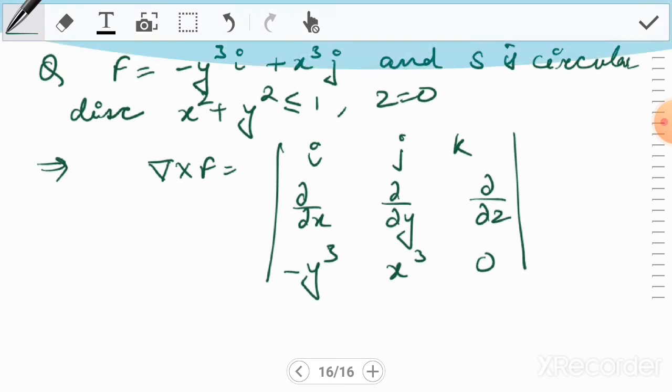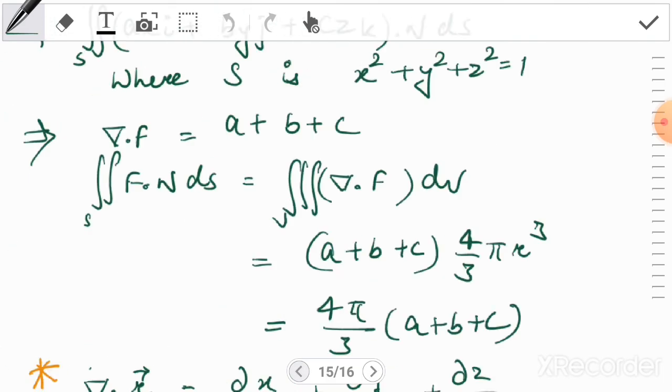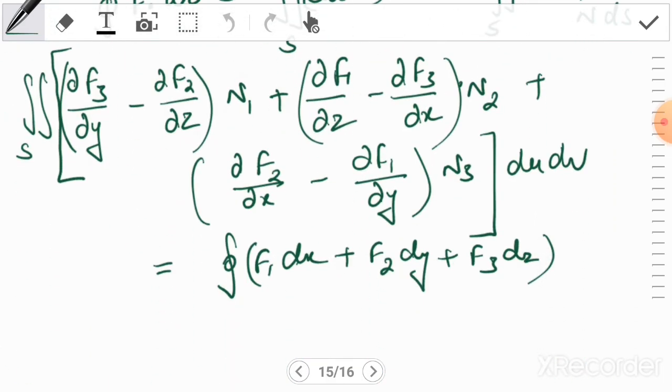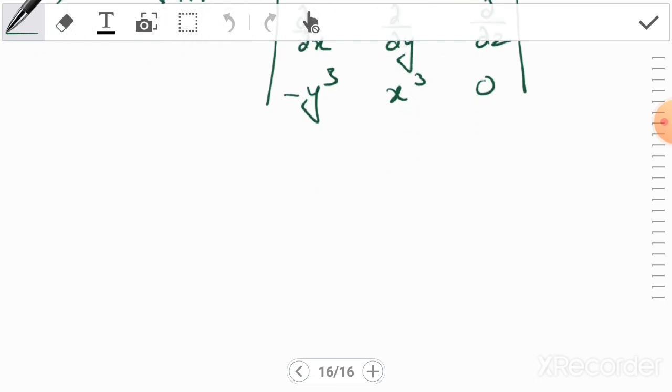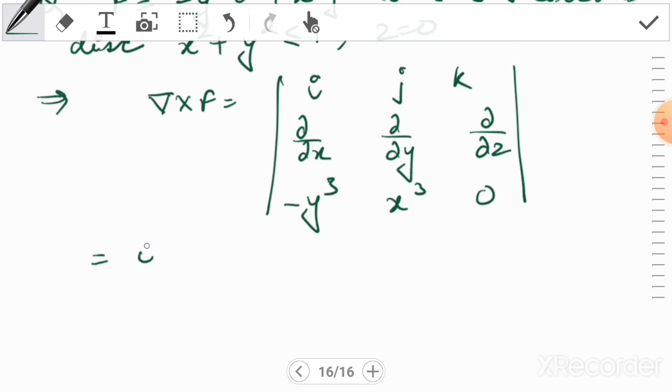We have already expanded this in the last slide. So let us expand: i (0 minus 0) minus j (0 minus 0) plus k (3x square minus minus 3y square).